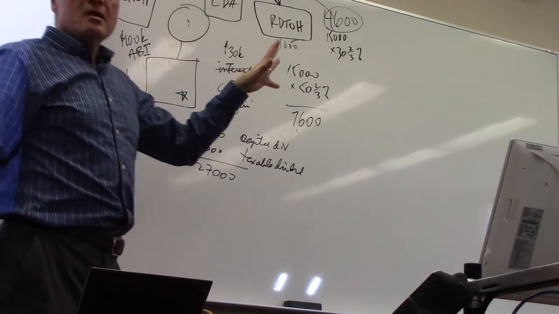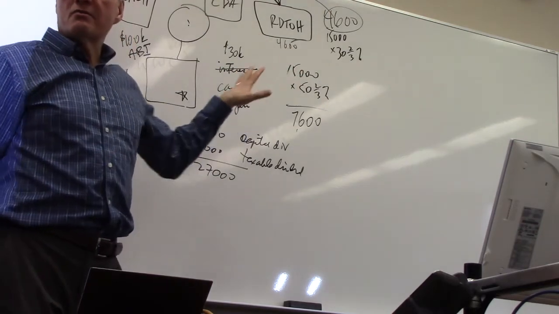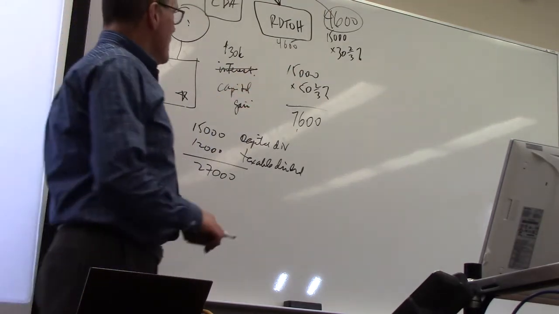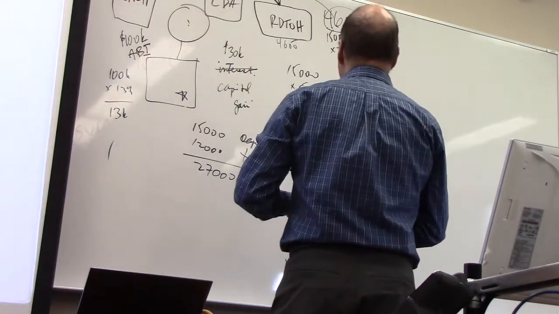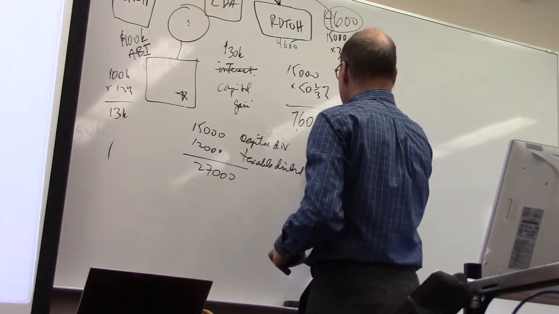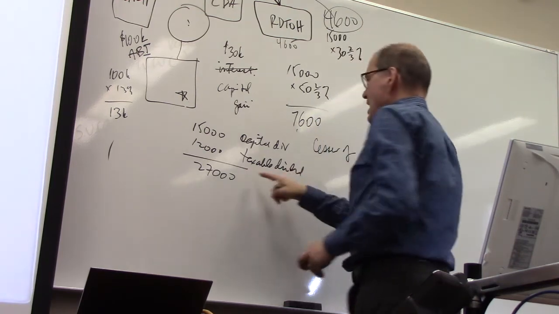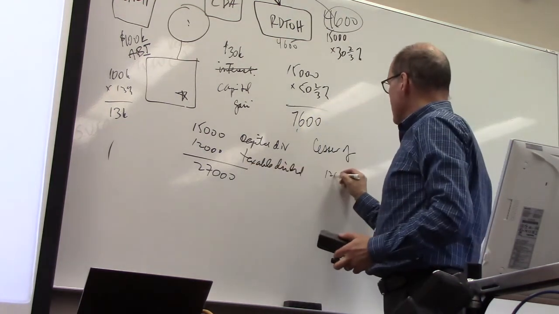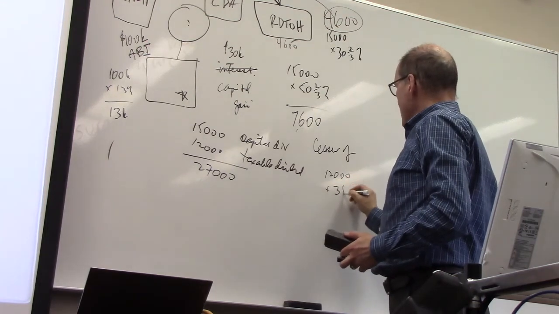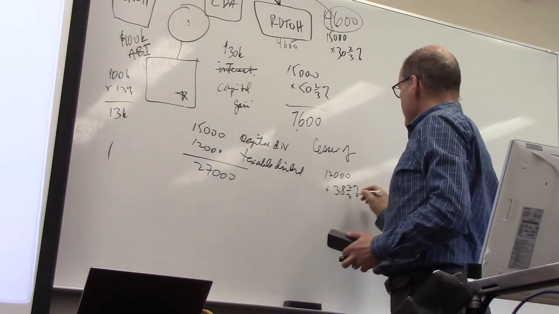Now we do the dividend refund calculation for the company. So now it is the lesser of the taxable dividend of $12,000 times 38 1/3%.